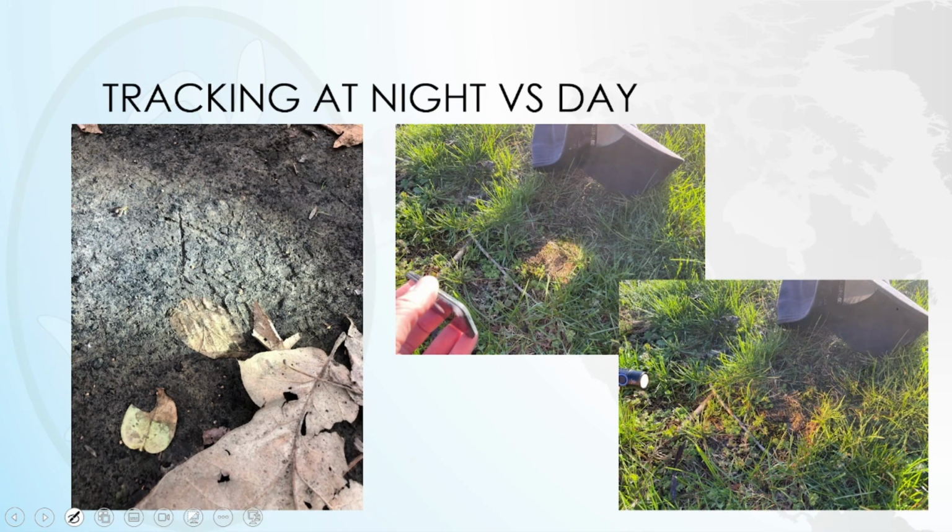The higher the number, the whiter the light, and the lower the number, the more of an amber colored light it's going to be. So you want to avoid those extremely high lumen flashlights, because they have a tendency to wash out the track if we're not careful. You can certainly work with them if you're familiar with them.